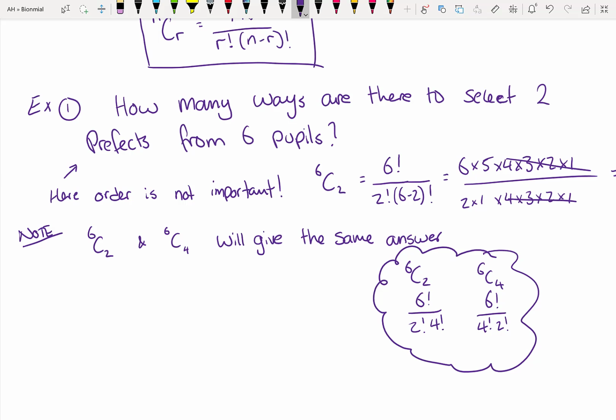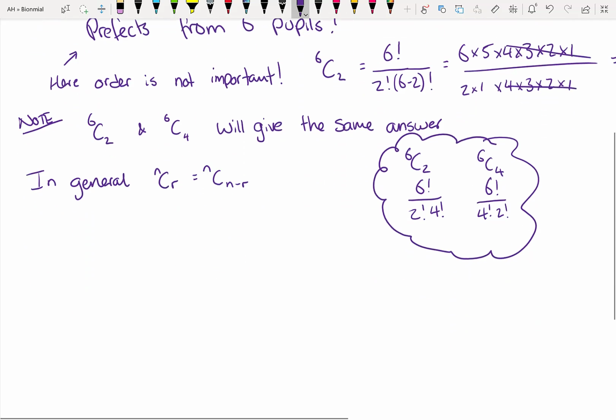We find that in general, n choose r is equal to n choose n minus r. We can make a little bit of symmetry out of this.